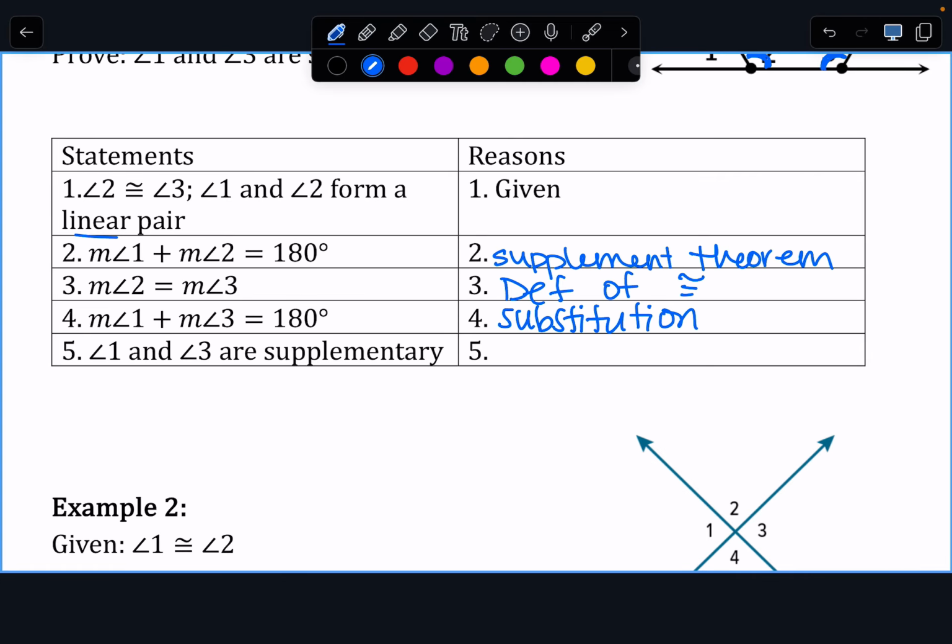Transitive doesn't make sense here. It's literally only substitution. Okay? And then to go from 4 to 5, what do you think we should put there? Definition of supplementary. See? You got it. Oh yeah. I like the excitedness in the voice there.